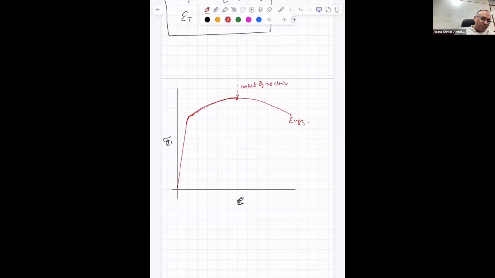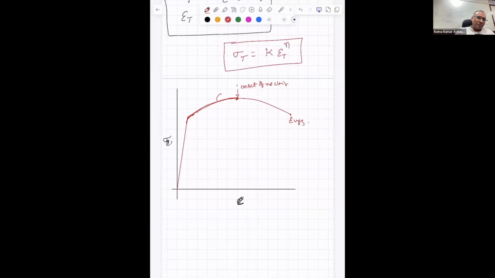This can be represented by a functional relation, that is a power law relation, sigma t is equal to k epsilon t to the power n. It is valid from the onset of plastic deformation to here.